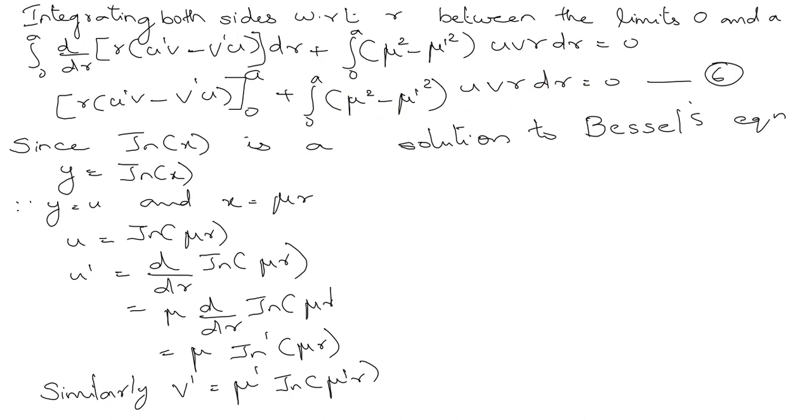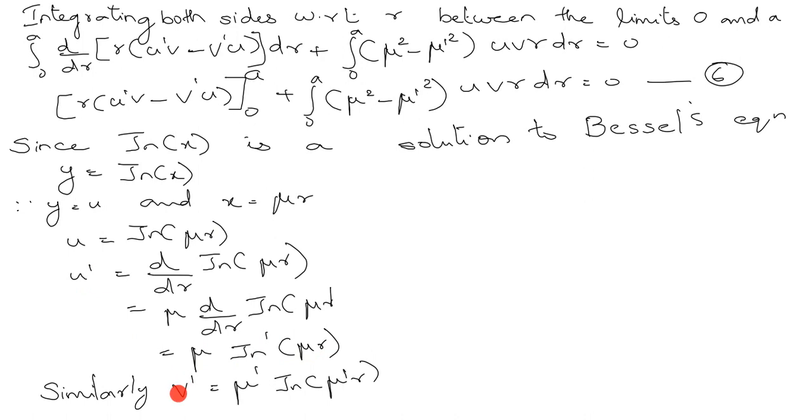We know that Jn x is a solution to Bessel's differential equation. So y will be equal to Jn x. And since y is equal to u and x is equal to mu r, in the place of y you can write u and in the place of x you can write mu r. So u is equal to Jn of mu r, then u dash will be equal to mu into Jn dash of mu r.